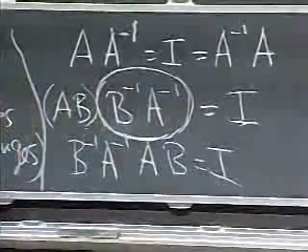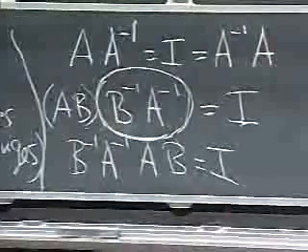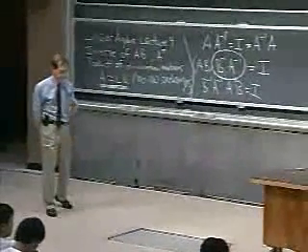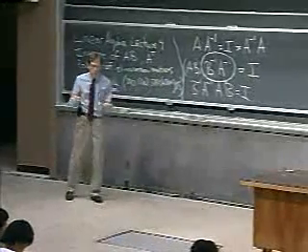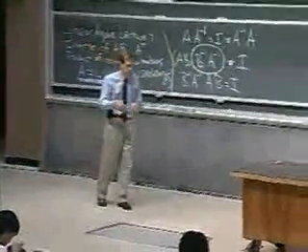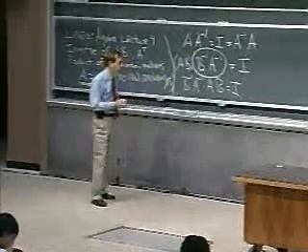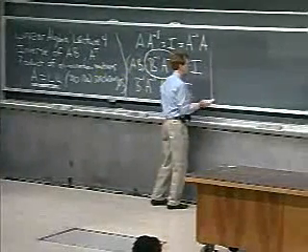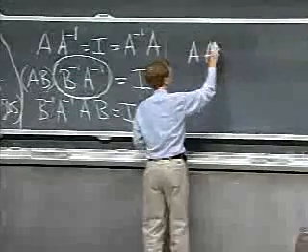Good. While we're at it, let me do A transpose. Because the next lecture involves transposes. So if I transpose a matrix, I'm talking about square invertible matrices right now. If I transpose one, what's its inverse? Well, the nice formula is, let's see, let me start from A inverse times A equals the identity.